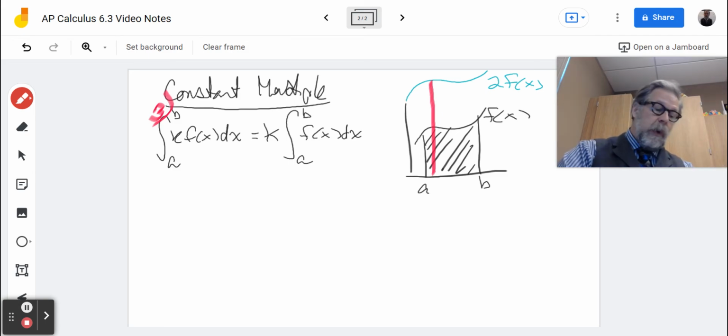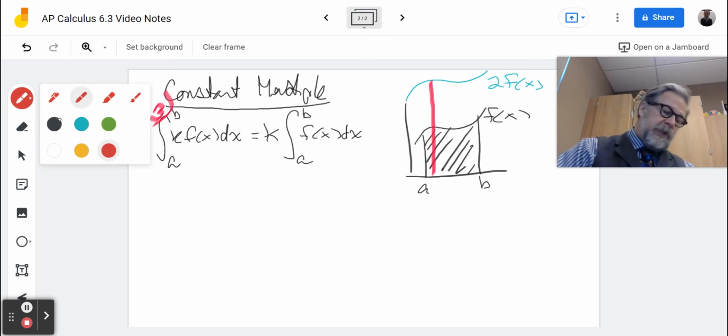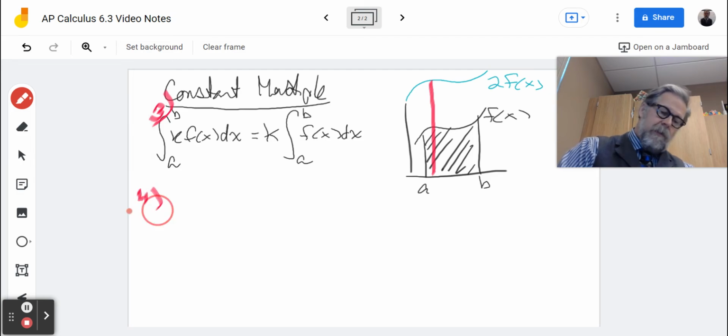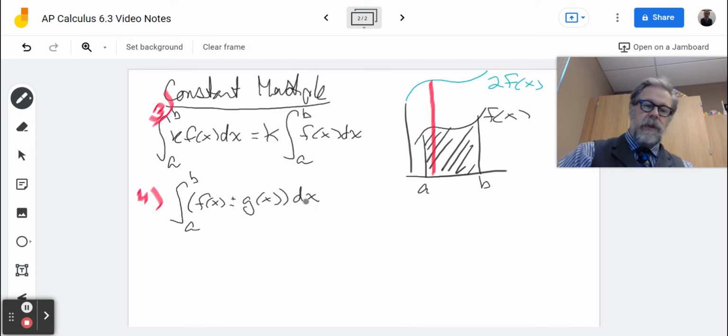Let's see, what else have we got? Sum and difference. We're going to call this number 4 right off the bat. The integral from a to b of the sum or difference of functions. Well, you think about stacking two functions on top of each other.